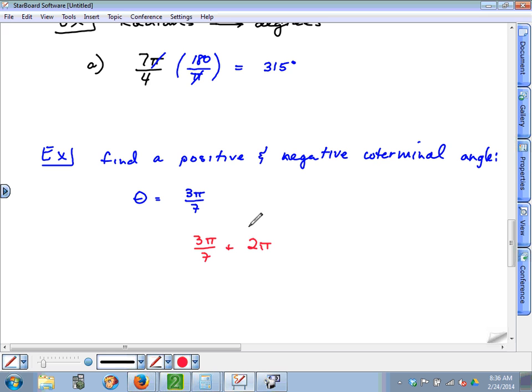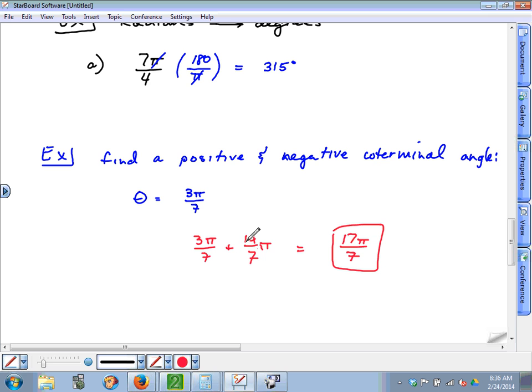How are we adding this? It's got to be 14 over 7. Yep. 2 pi is the same as 14 over 7 pi. Got to get a common denominator. 3 pi plus 14 pi is 17 pi over 7. So there's the positive coterminal angle, 17 pi over 7.